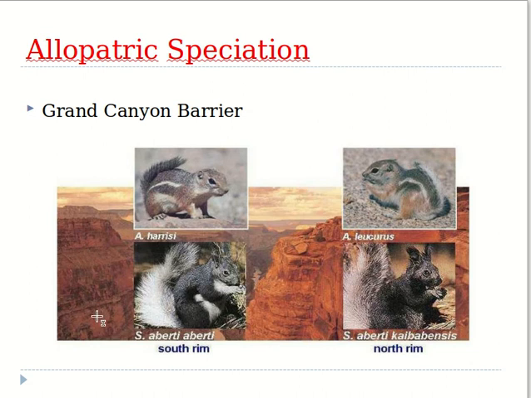The Grand Canyon, this huge depression, acts as a barrier to interbreeding. So from the same species, two subpopulations developed, and these two subpopulations were separated by the Grand Canyon and could not interbreed because of this barrier.